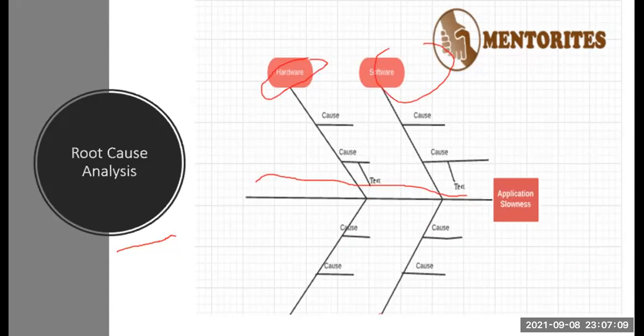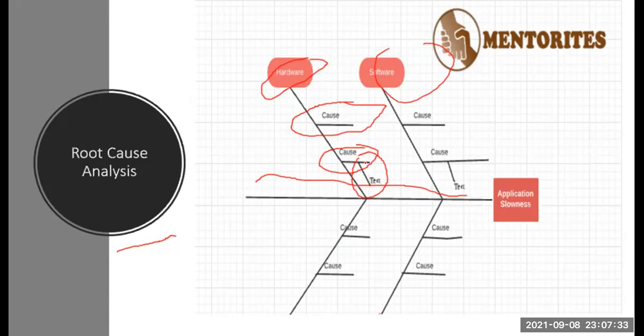And then you draw smaller lines to represent deeper causes. If these causes have sub causes, these are like the secondary causes, and these are like the tertiary causes. They could be sub causes of one cause.